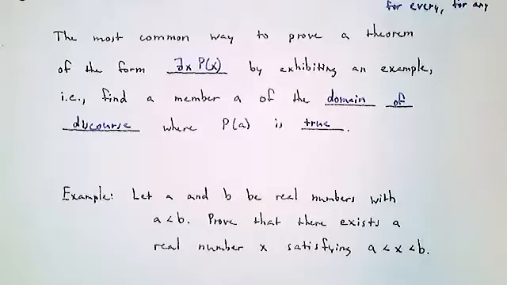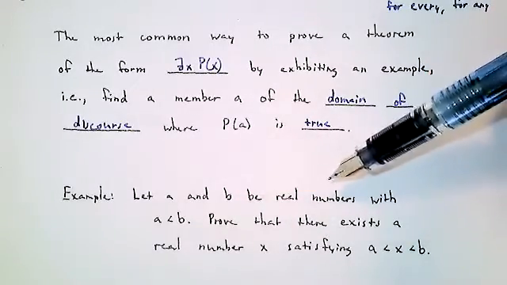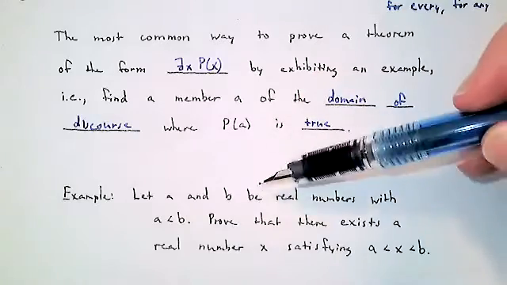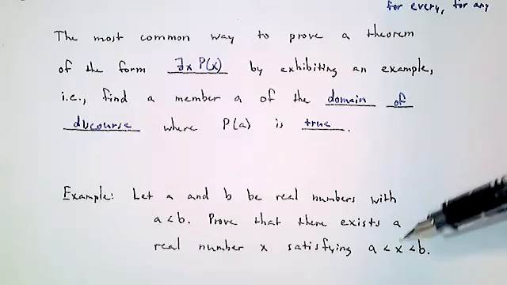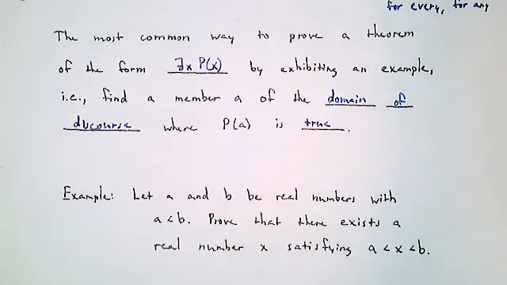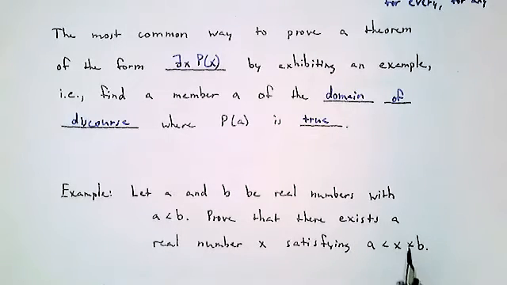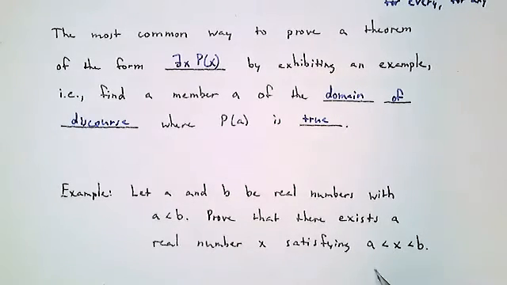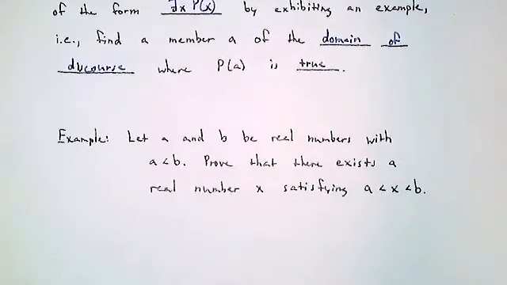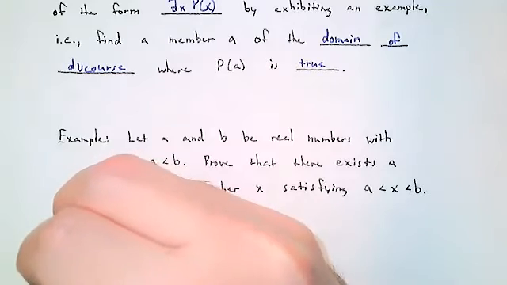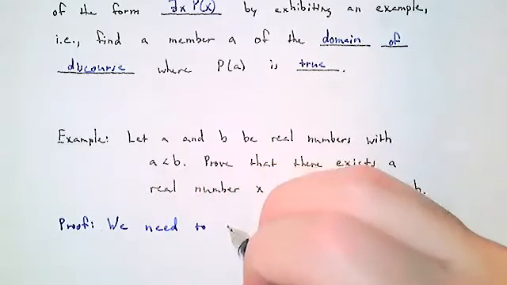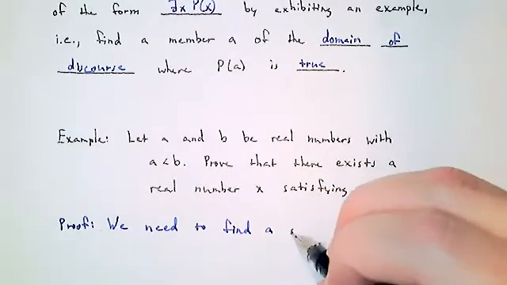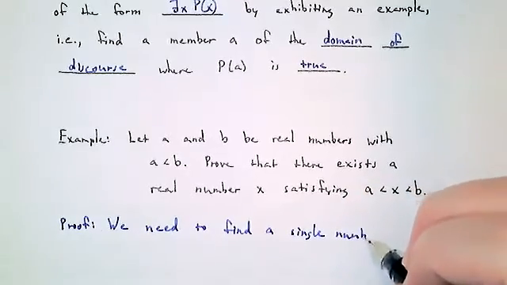And if we take a look at this example, it says let A and B be some real numbers where A is less than B. And we want to prove that there exists a real number x satisfying A is less than x is less than B. So x is somehow sandwiched in between the two numbers A and B. So we just have to find an example, a single example of a number in between A and B. One will work.